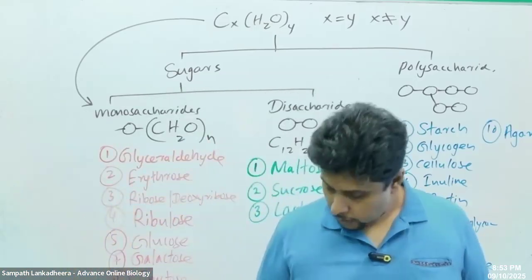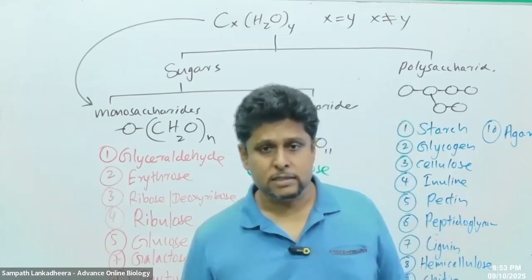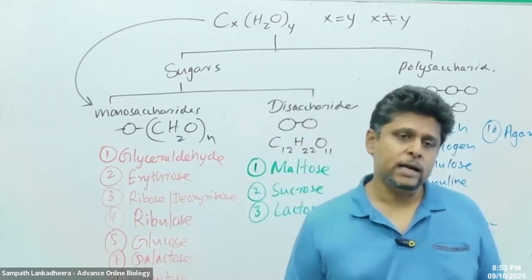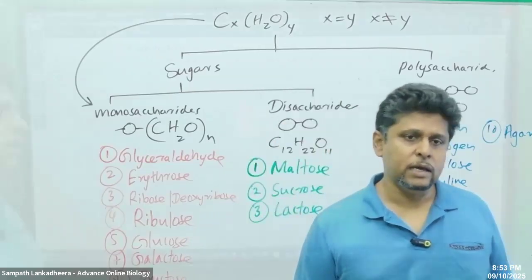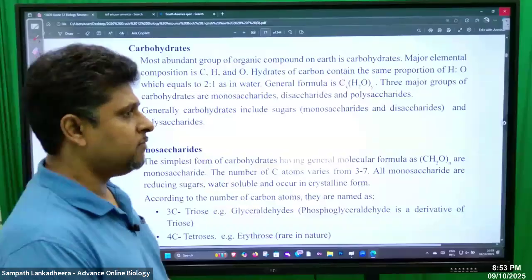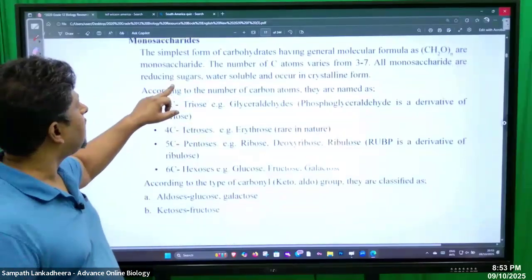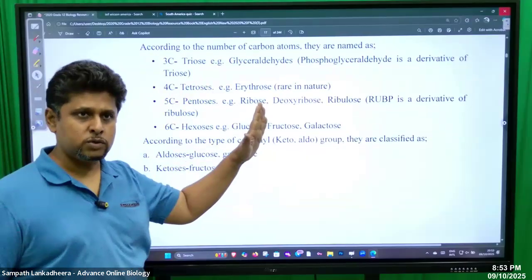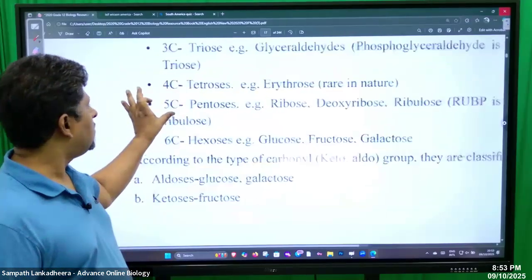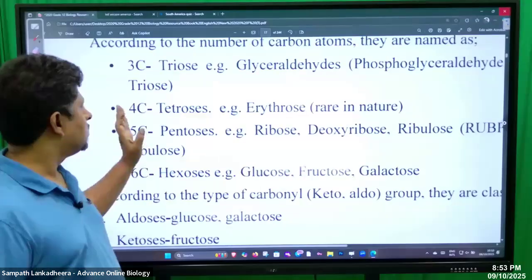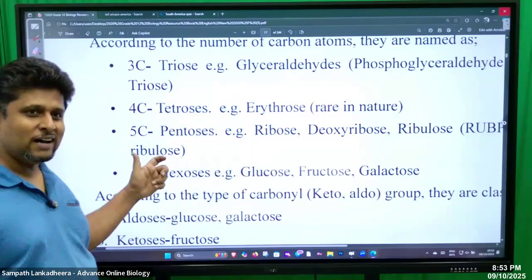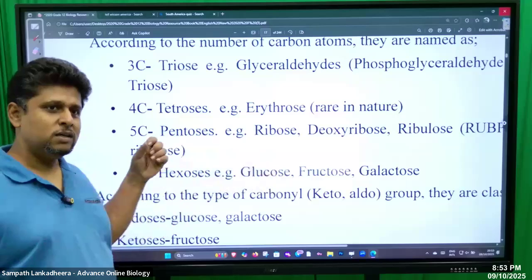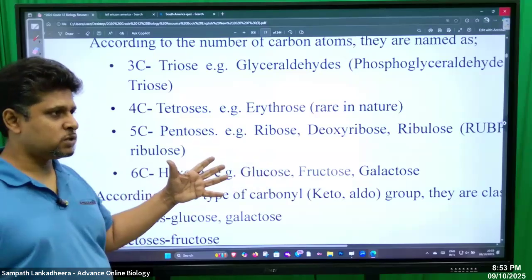Now we said, people, these monosaccharides are variable depending on the number of carbon atoms available. 3 carbon triose, 4 carbon tetrose, 5 carbon pentose, 6 carbon hexose.